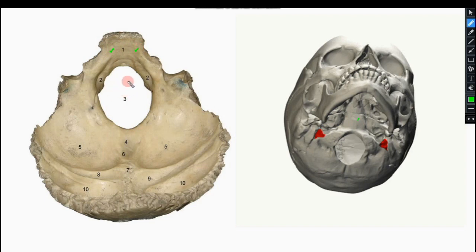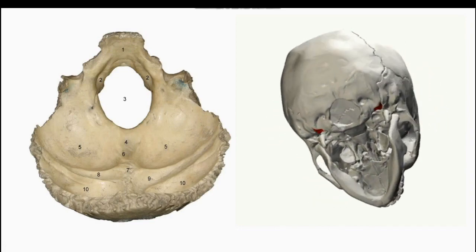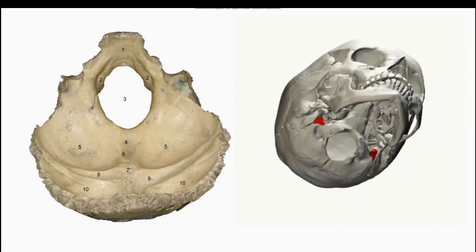This is the foramen magnum. And this one is the occipital condyle. This red mark area here is the jugular process. Understanding of these landmarks will help you for the attachment of the muscles.